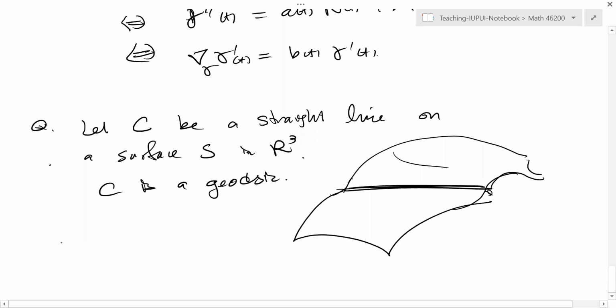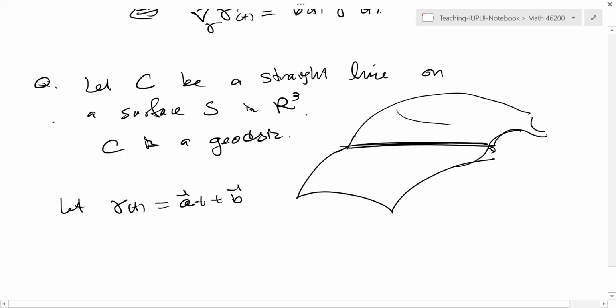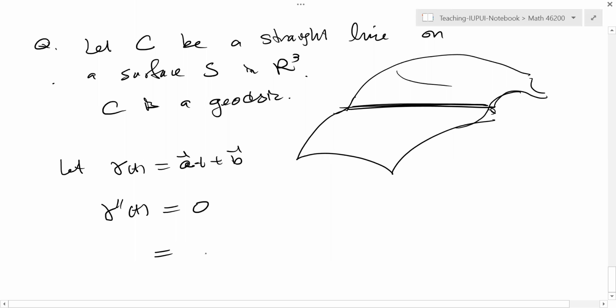Let gamma(t) be the straight line; it can always be parameterized as a vector A t plus a vector B. Then the second derivative is 0, so the tangential and normal components both vanish.